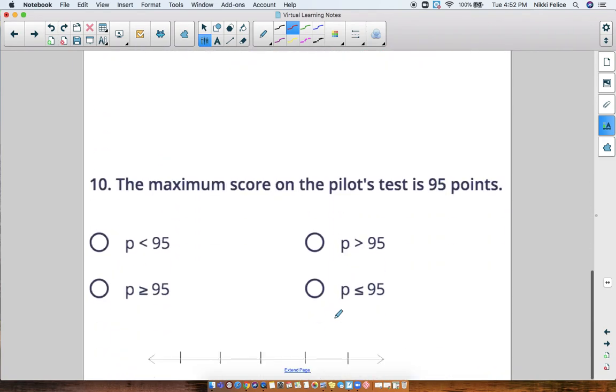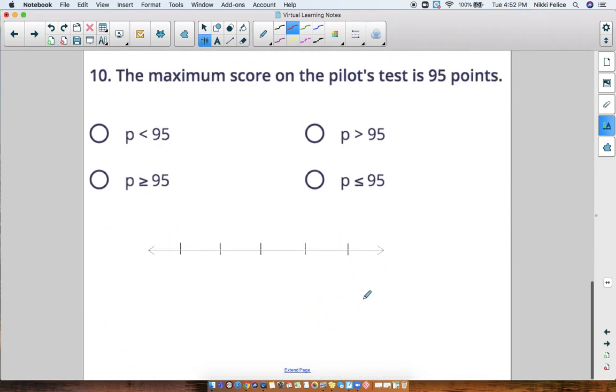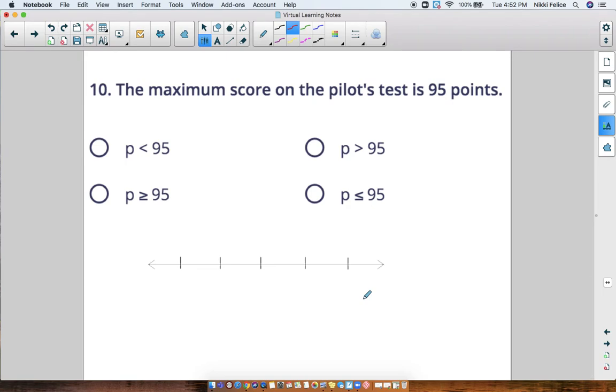All right, let's do one more. This is another one people have trouble with. The maximum score on a pilot's test is 95 points. Okay, so that means that 95 is the most points you can get. Those are all the points on the test. If you're getting 100%, that means you're getting exactly 95 points.